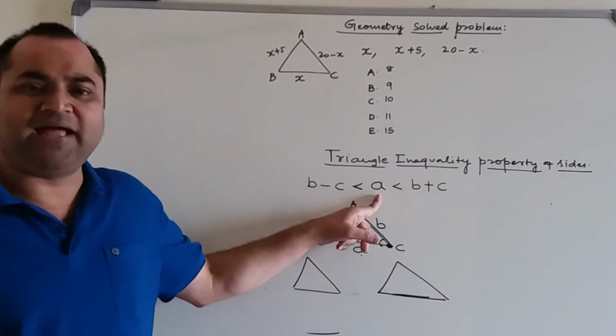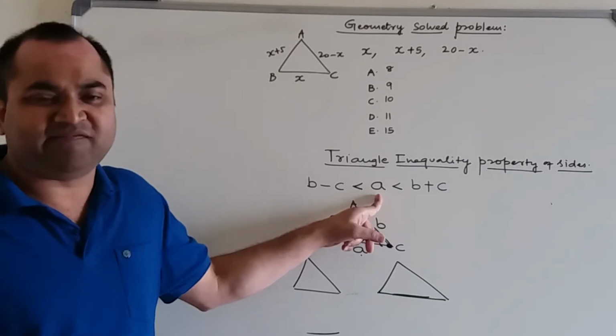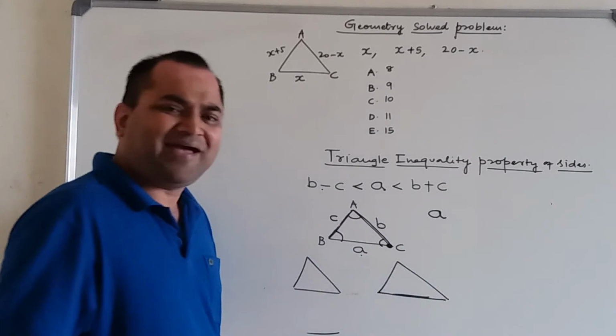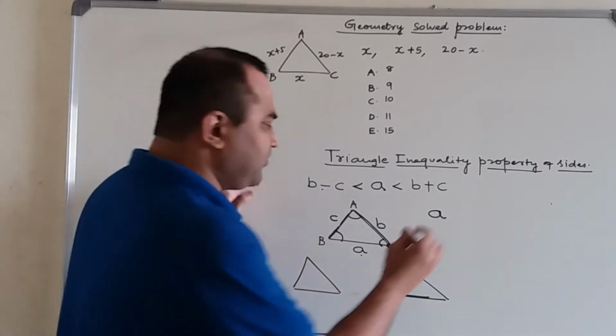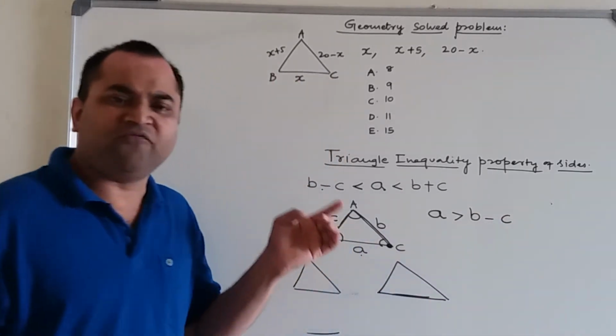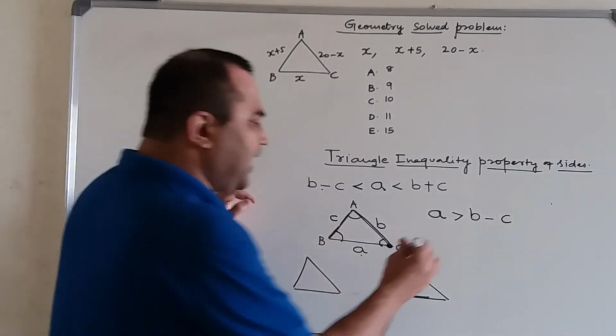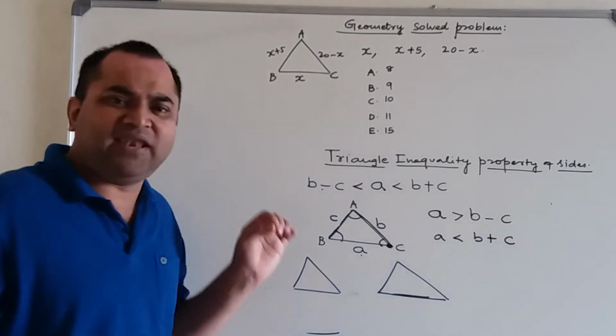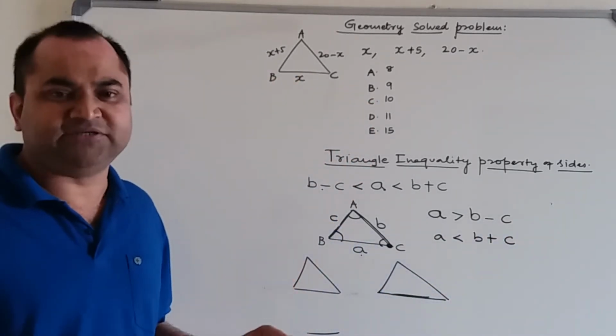That is what this triangle inequality property is. It says that the length of any side in any triangle has to be greater than the difference of the other two sides and also be less than the sum of the lengths of the other two sides.